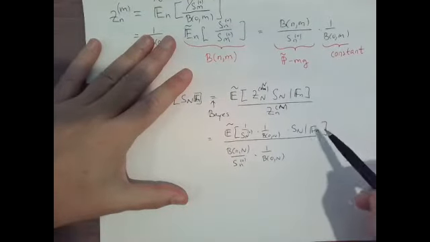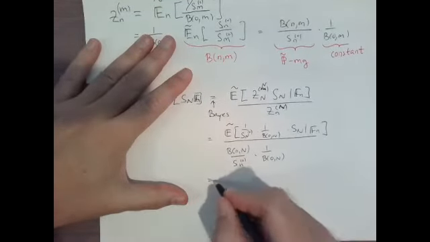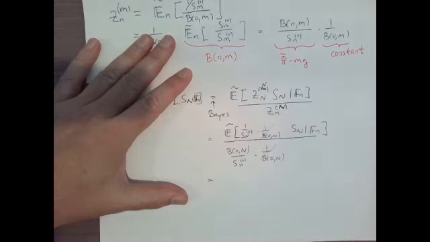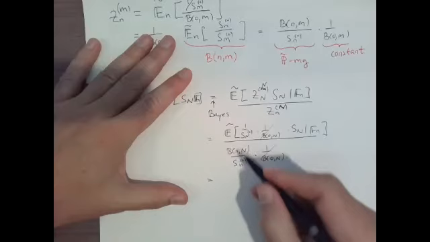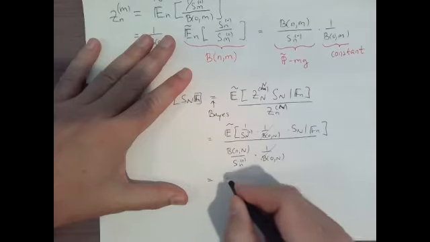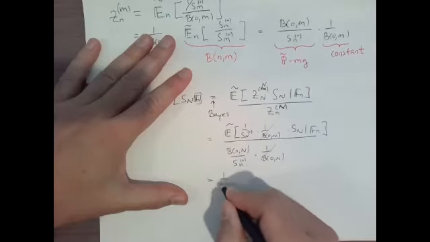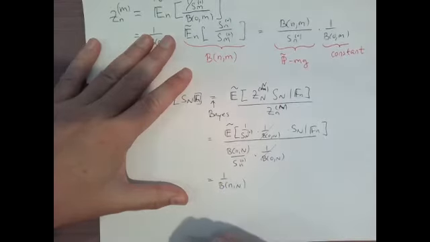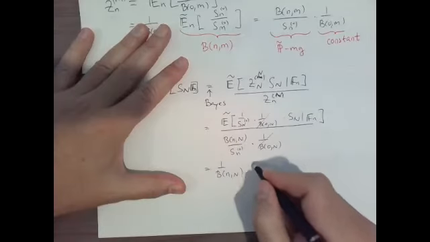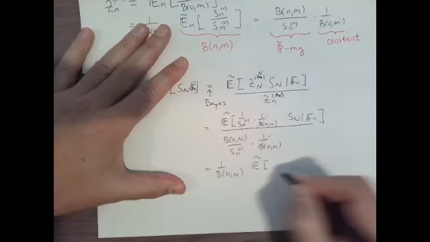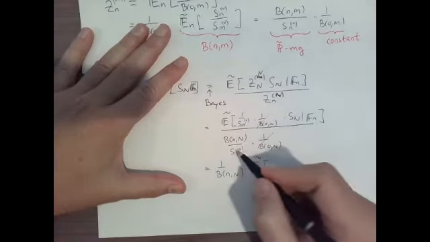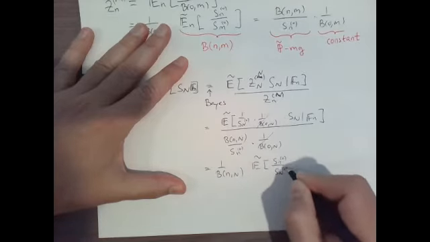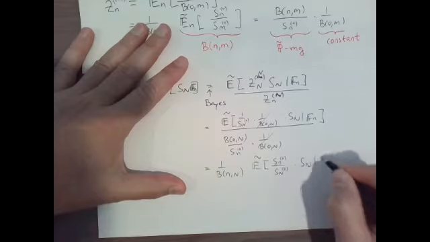So what will I get here? These two things will cancel out. This will cancel with this one. This one here can travel inside. It's measurable with respect to F_N, so I get 1 over B_N(N) conditional expectation, is S_N(0) over capital N(0) times S_N given F_N.